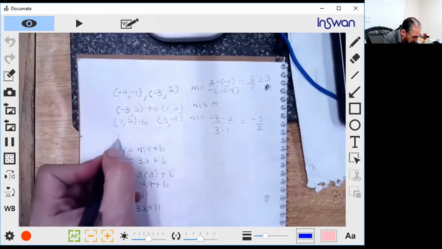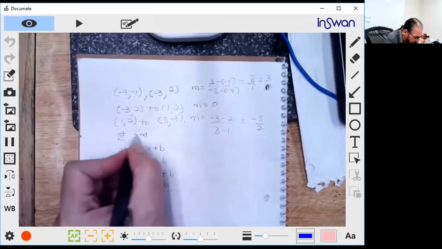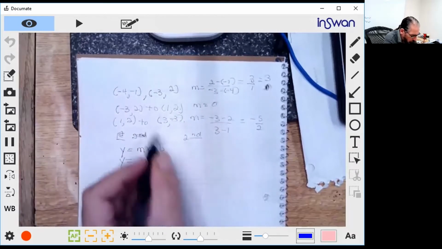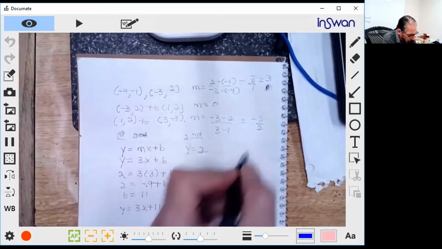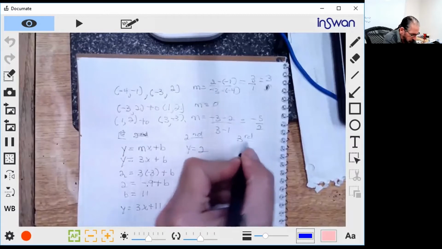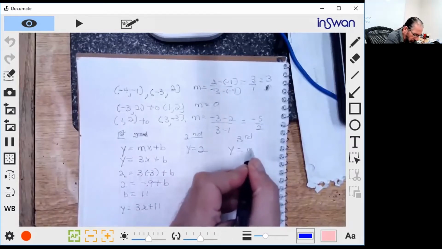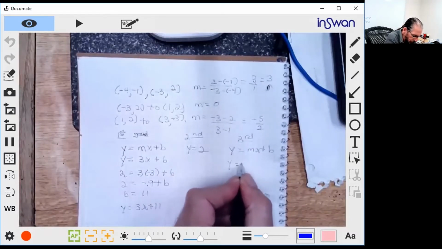On the second interval, y didn't change, so y is equal to 2. And on the third interval, similarly, we have already worked out that the slope is -5/2.